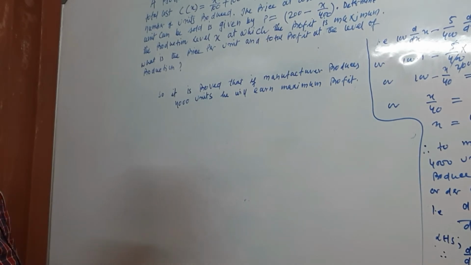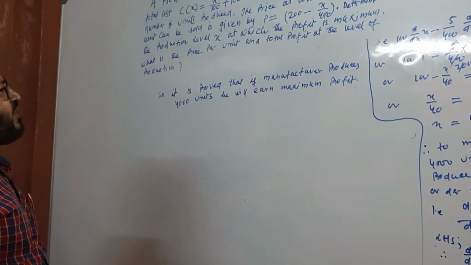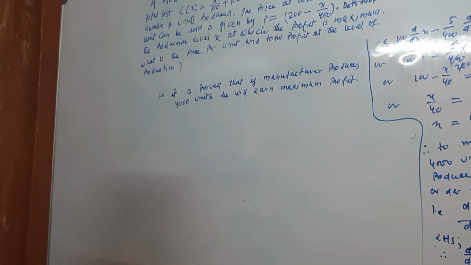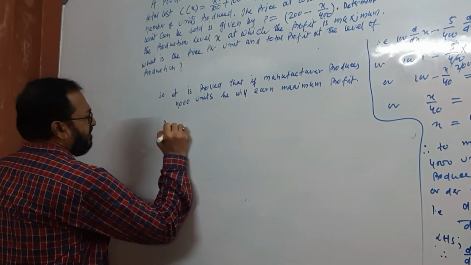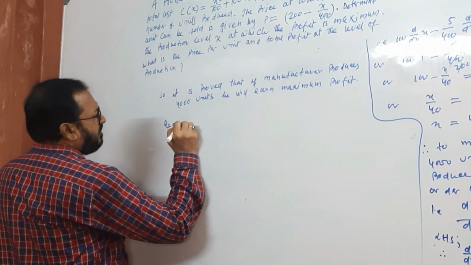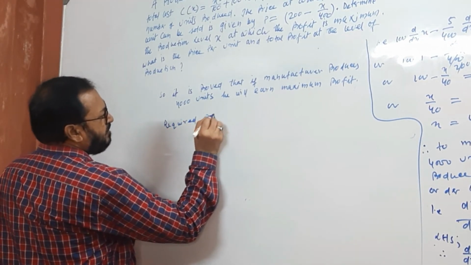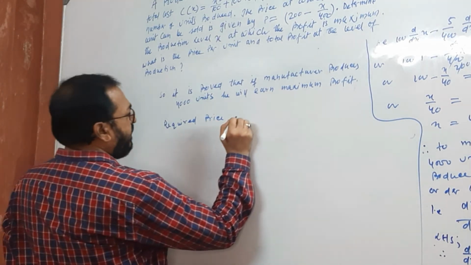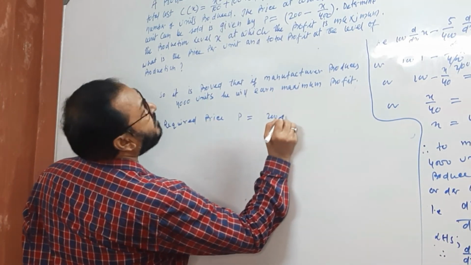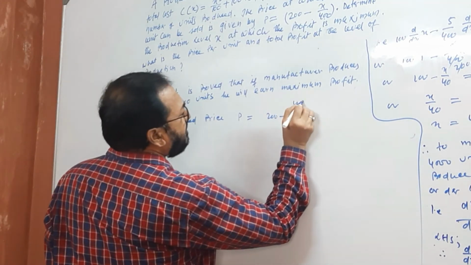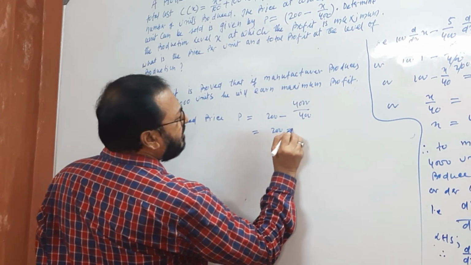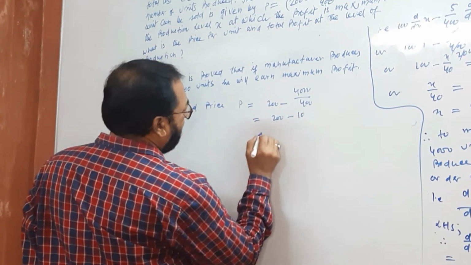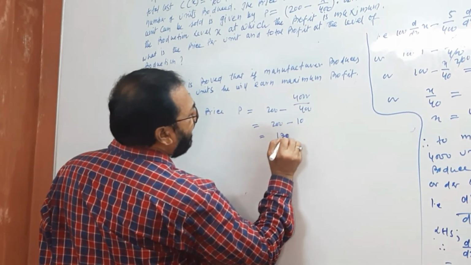Now in the second case, what is the price per unit and total profit at the level of production? What is the price per unit? So put the value: required price P equal to 200 minus 4,000 by 400, equal to 200 minus 10, equal to 190.